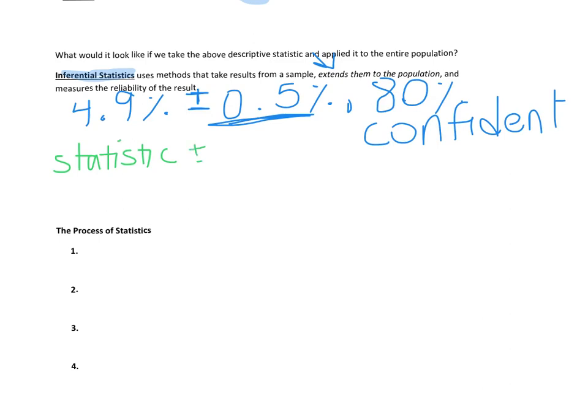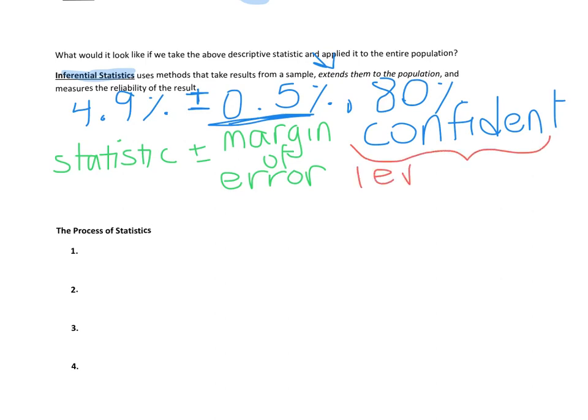I called it wiggle room, but really it's a margin of error. And then the 80% confident part is referred to as the level of confidence. And both of those components are part of inferential statistics. And more on that in chapter 9.